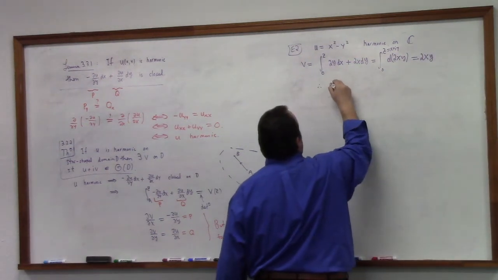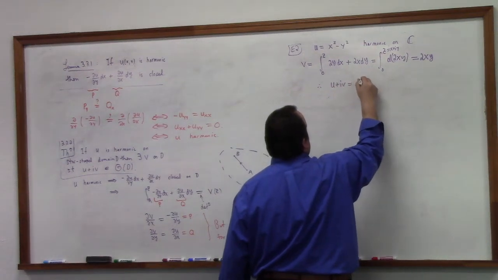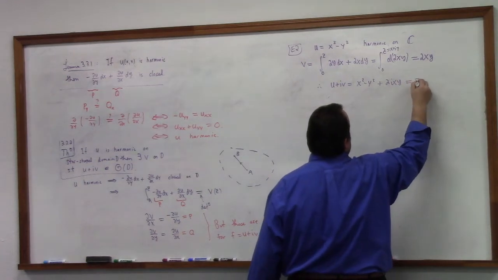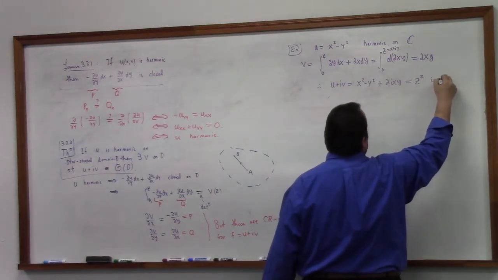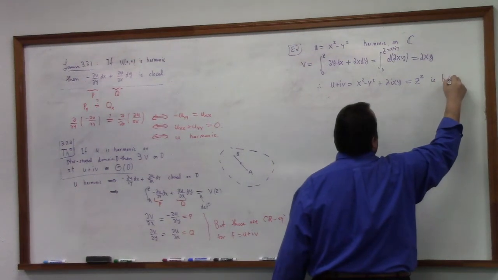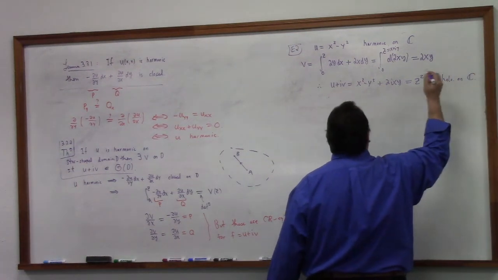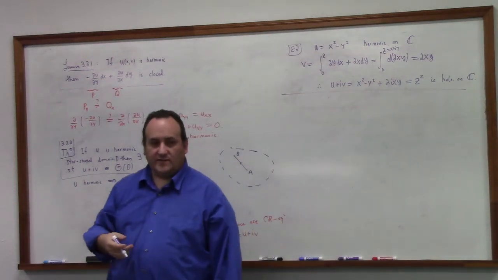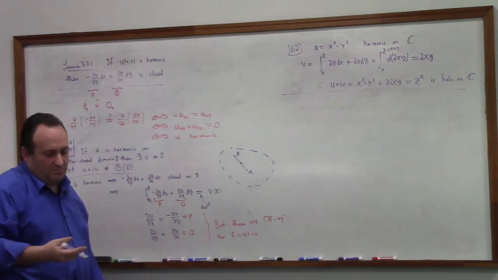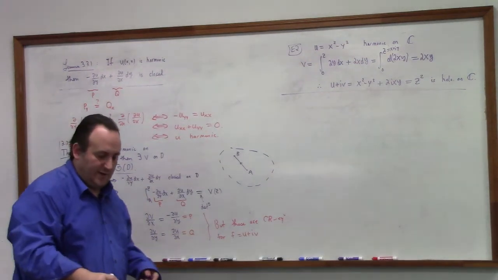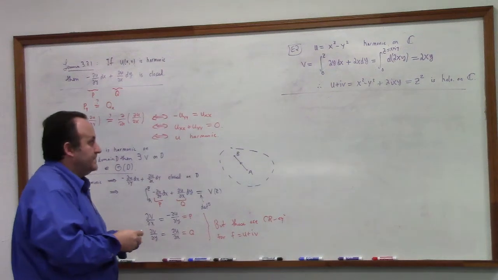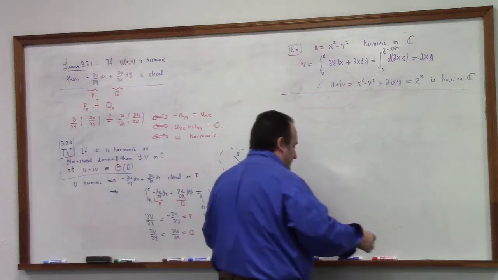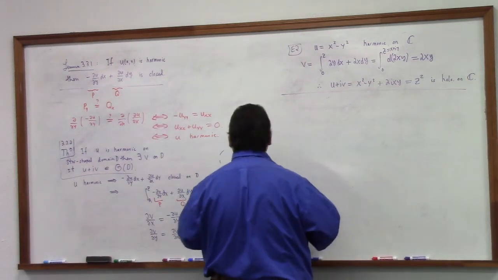Therefore, u plus iv equals x squared minus y squared plus 2ixy, which, by the way, is z squared, holomorphic on the complexes. And more than that, 2xy is the harmonic conjugate of x squared minus y squared. So it's another way to calculate harmonic conjugates, and in some sense it can be better than what we did before. There's a more tedious example in my notes. I'm going to go on.